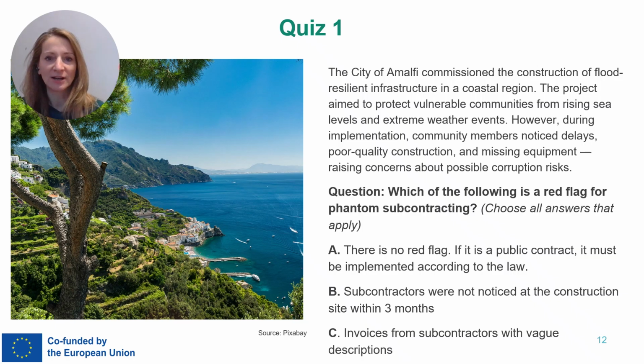Vague invoices are a classic corruption red flag too, often used to conceal fraudulent payments or inflated costs. Spotting these indicators is essential for early detection of corruption, ensuring that climate adaptation projects deliver real resilience benefits to communities. Well done, thank you.